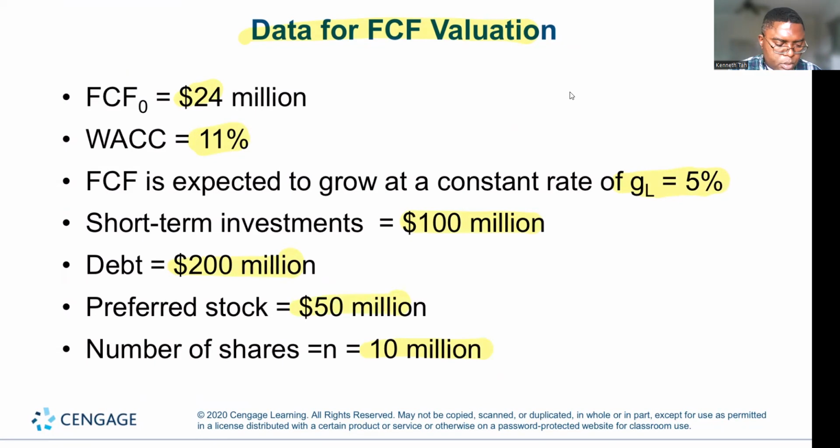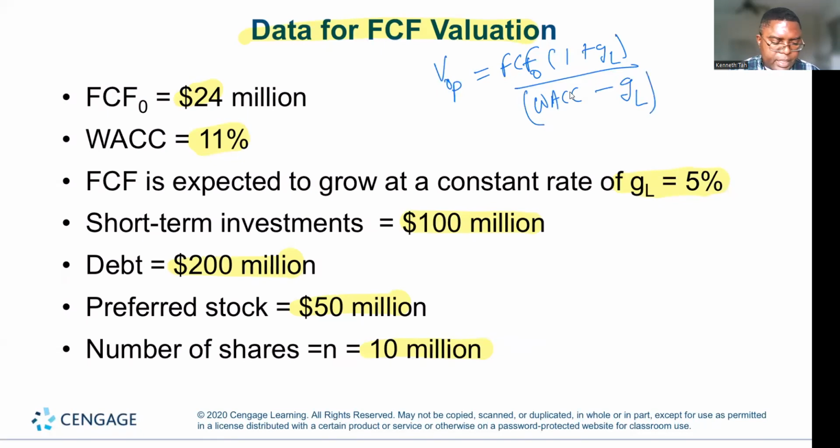Okay, so the value of operation is equivalent to free cash flow 0 times 1 plus the growth rate, divided by weighted average cost of capital minus the growth rate. So we can easily get the value of operation.